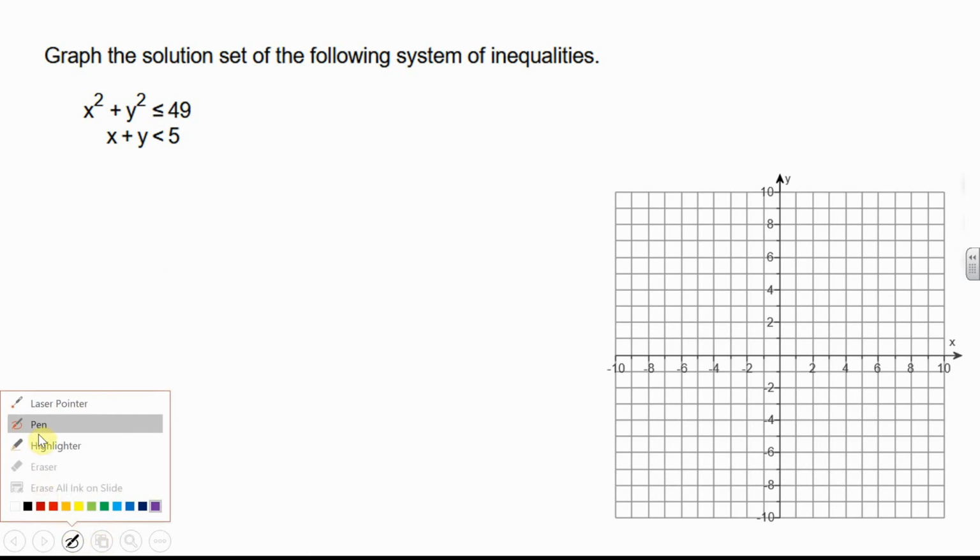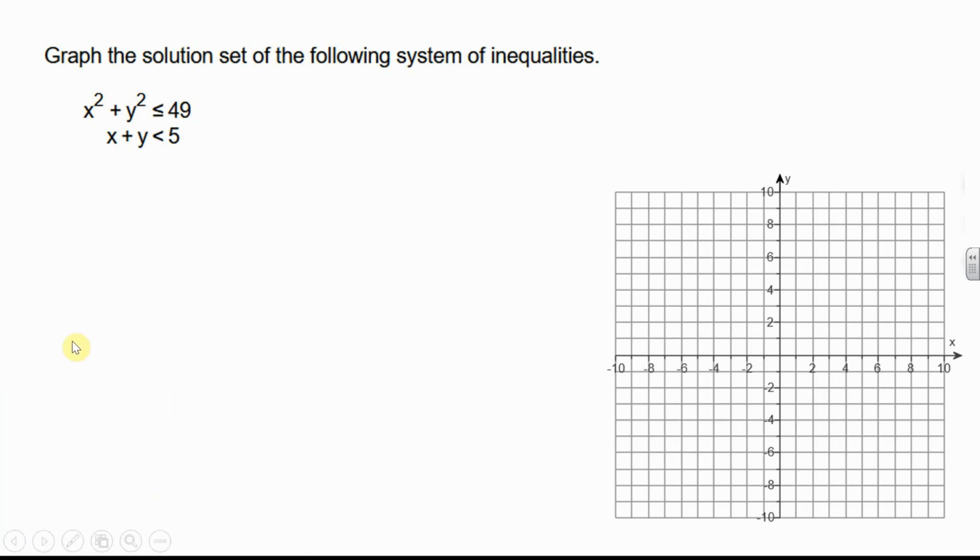Let's see. So from this one, we have x squared plus y squared. We'll look at the line. This is equal to 7 squared. So the radius is 7. And the center is at 0, 0.